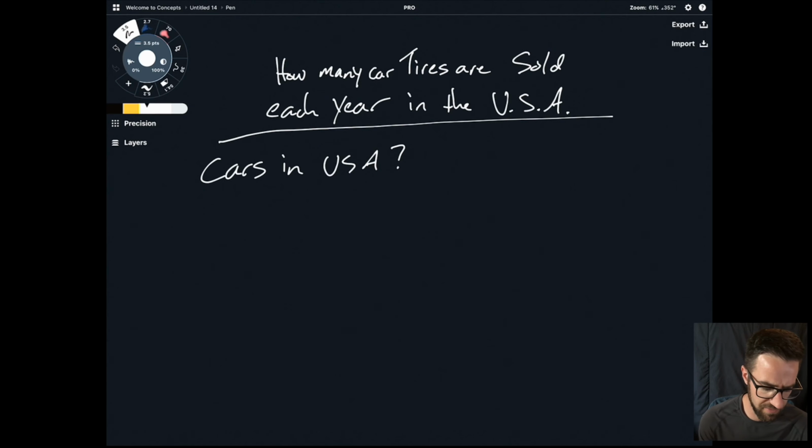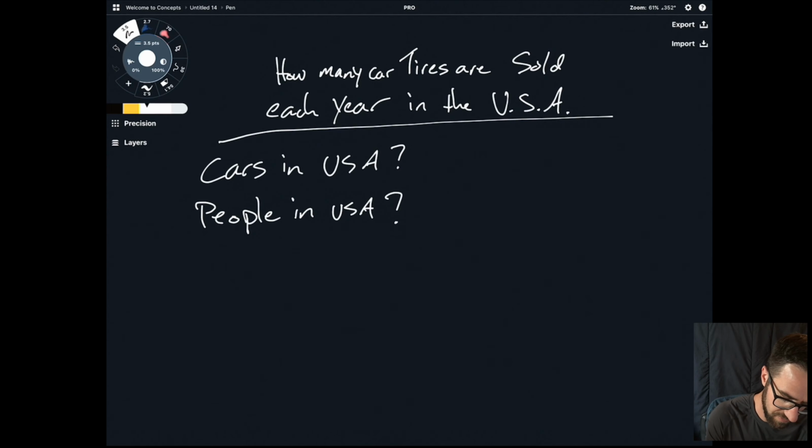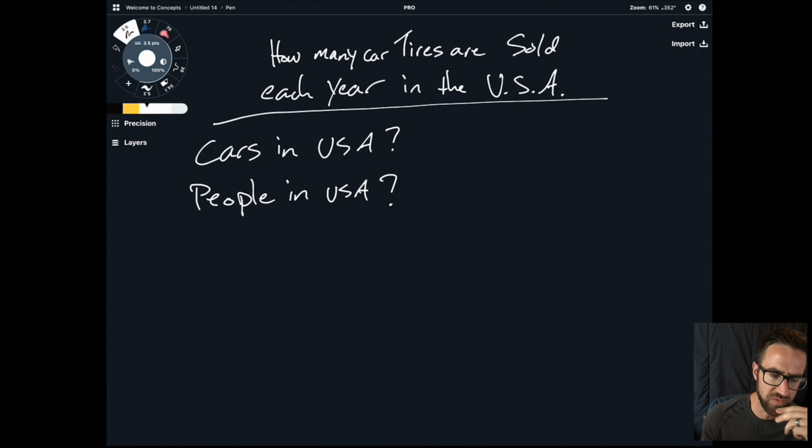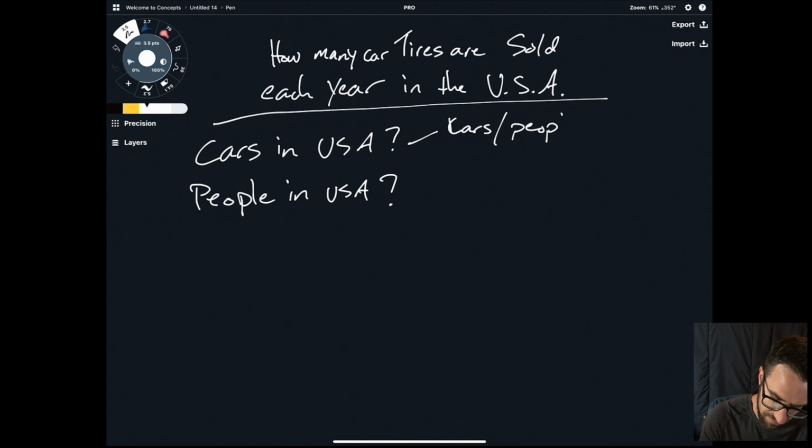And cars are typically owned by people in the USA. Okay. And that's one place where the number of cars could come from. So we could do a little equation. It's like cars per people, right?